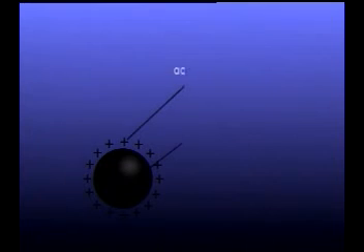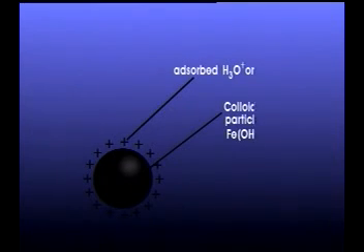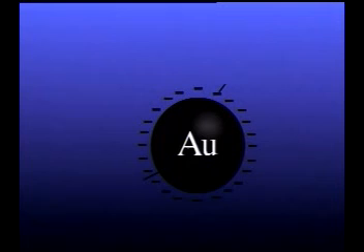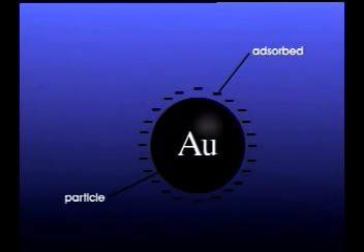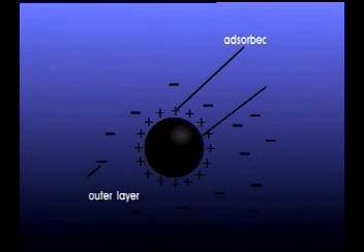Colloidal particles adsorb ions from the medium. Only one kind of ion is adsorbed, forming a surface that is either negatively or positively charged. A diffuse outer layer of counterions with opposite charge is also formed.